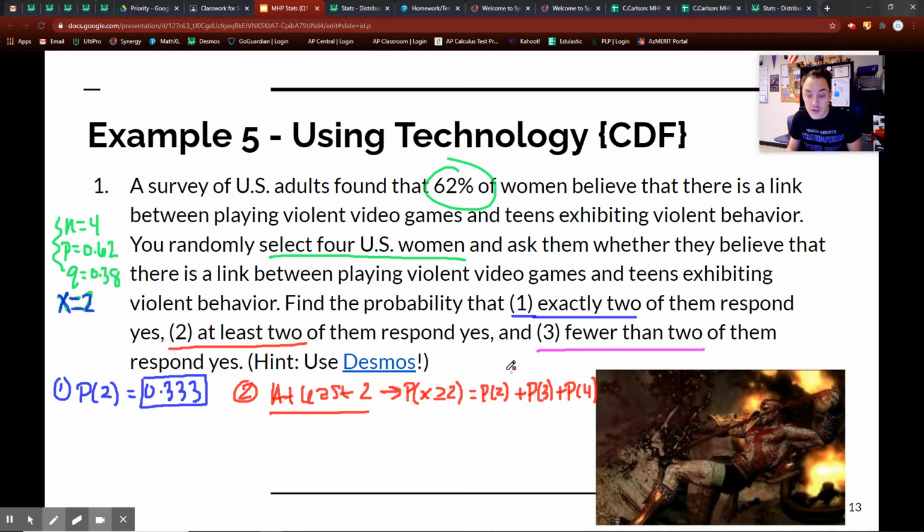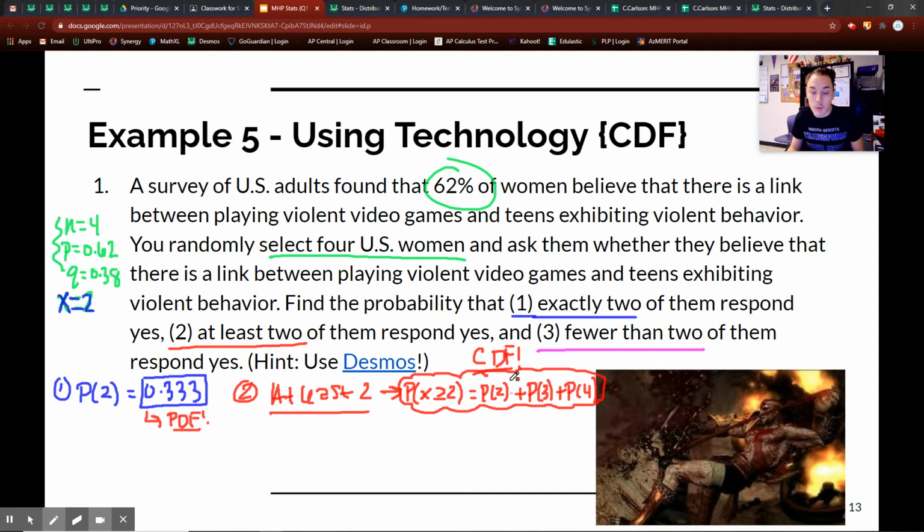Okay, this is what we call the CDF calculator. This one was called the PDF calculator, the probability density function. And this is what we call the CDF calculator. It's called the cumulative density function, or sometimes the cumulative distribution function.